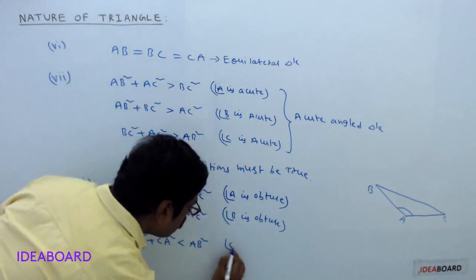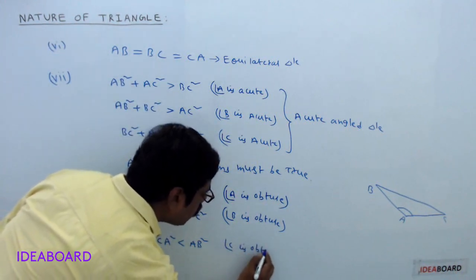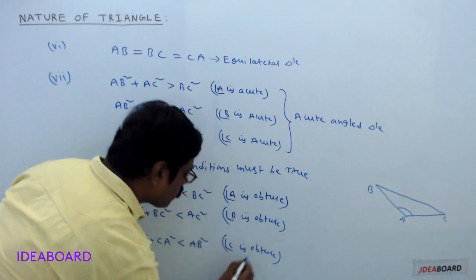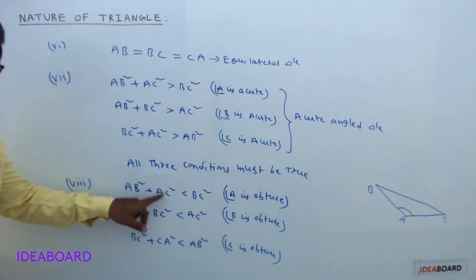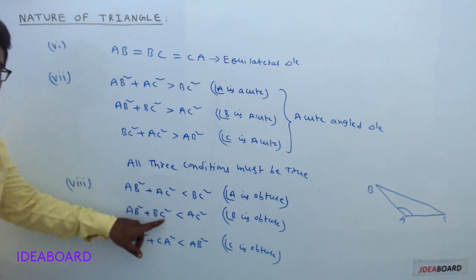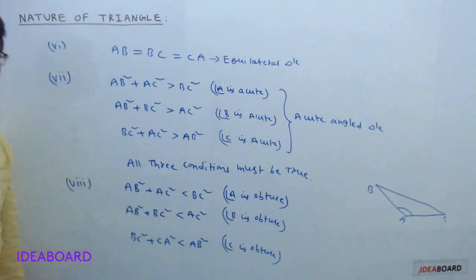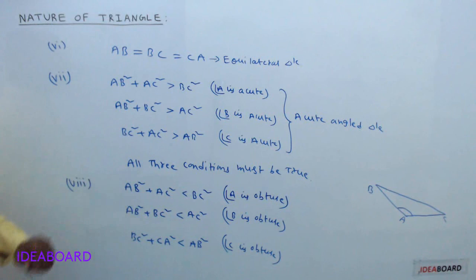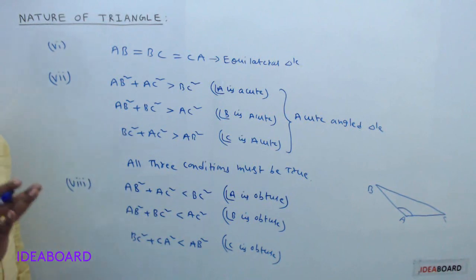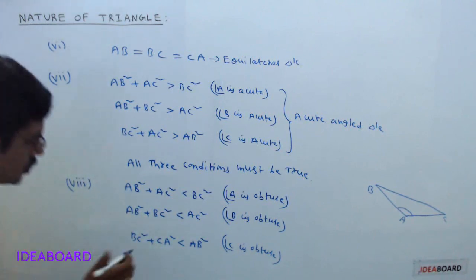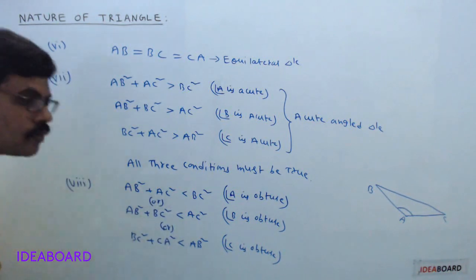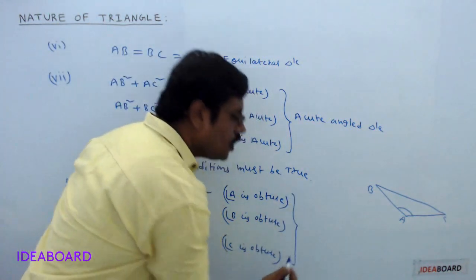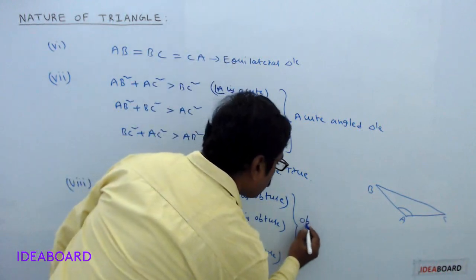In this case, angle C is an obtuse angle. Here, either this condition will be true or this condition or this condition. Then the triangle ABC is said to be an obtuse angle triangle. So here any one of the three conditions will be true, then the triangle is an obtuse angle triangle.